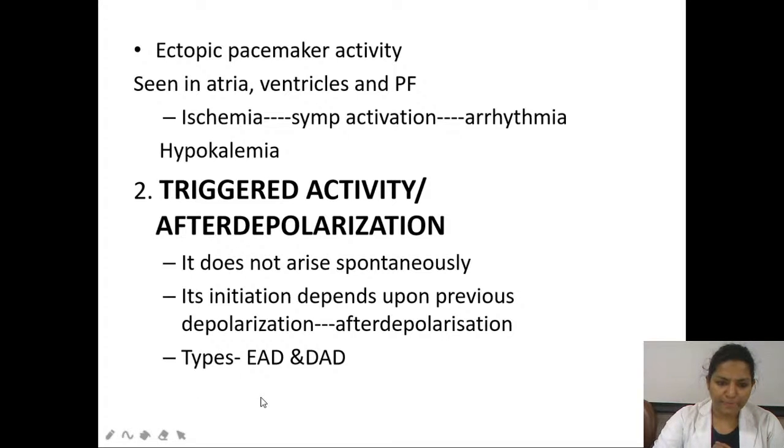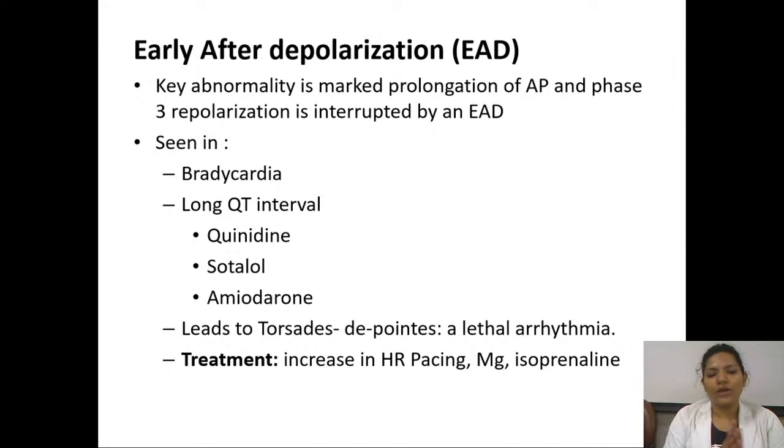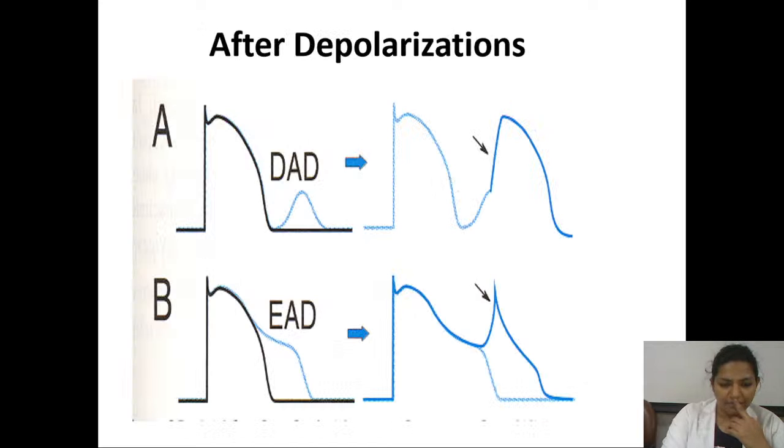Now, what happens in early after depolarization? The key abnormality is prolongation of the action potential, and phase 3 repolarization is interrupted. I'll show you a diagram. If you have a look at the duration of the action potential, this blue line is basically early after depolarization.